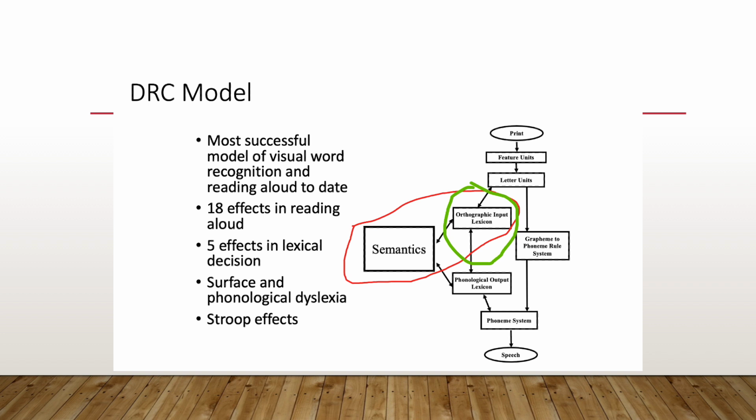And this is done through the activation of the orthographic input lexicon and the semantic lexicon. So orthographic would be the word and semantic would be the imagery. Abstract words would only be the orthographic input. So it would only activate the orthographic input lexicon, which is why the semantic and the orthographic input are in red and just the orthographic input is in green.